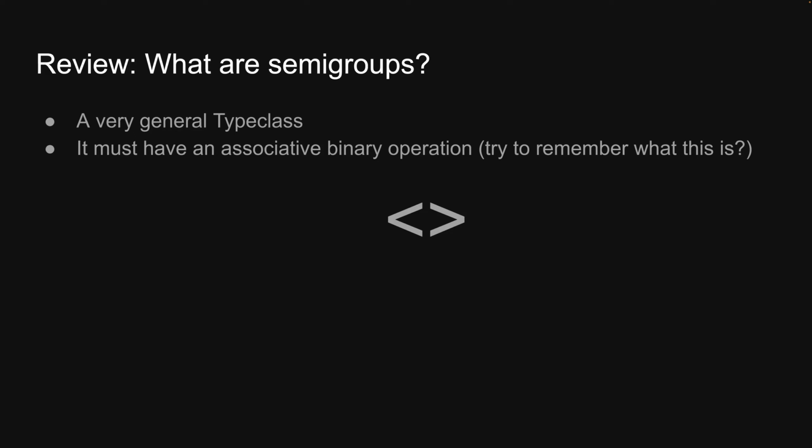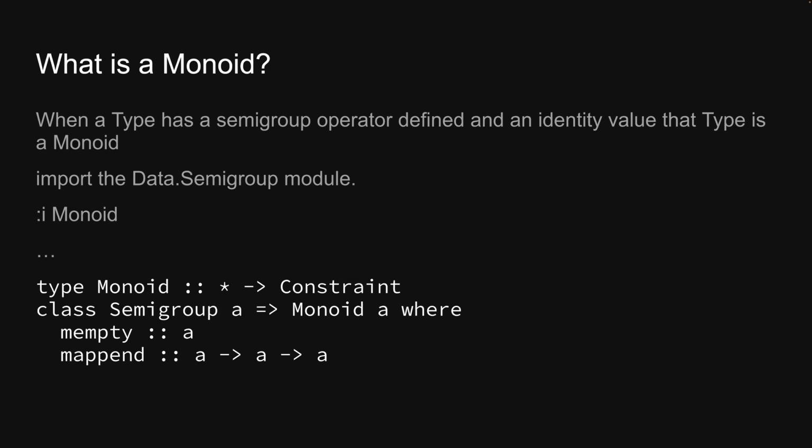So plus is associative for sums, and double plus was associative for attaching or combining a list, or an array of characters, depending on what you're doing. And a monoid was a semigroup that had the semigroup operator, that less than greater than sign, defined.